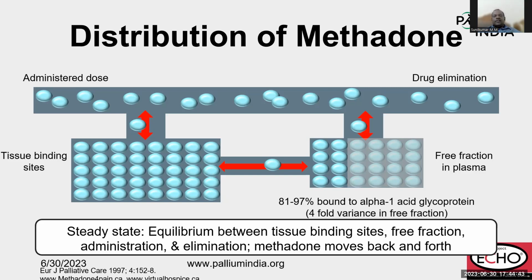Methadone is not like that, and that is one of the most important differences between morphine and methadone. If a patient has acute severe pain, you can give morphine and the patient can get immediate pain relief. But if you give methadone, it will take 5 to 7 days to have good pain relief. So methadone is not a good medication in acute severe pain. Okay.